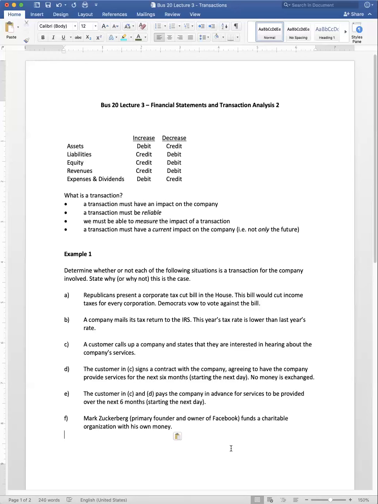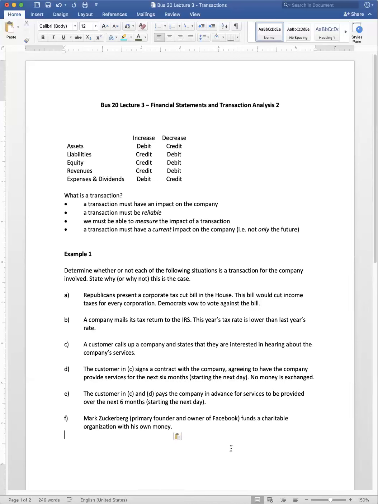This is a personal transaction for Mark Zuckerberg and has nothing to do with Facebook itself. Just because Mark owns Facebook doesn't mean that everything he does relates to Facebook. So this would be a personal transaction for Mark Zuckerberg, but not a transaction for Facebook because it does not impact the company.